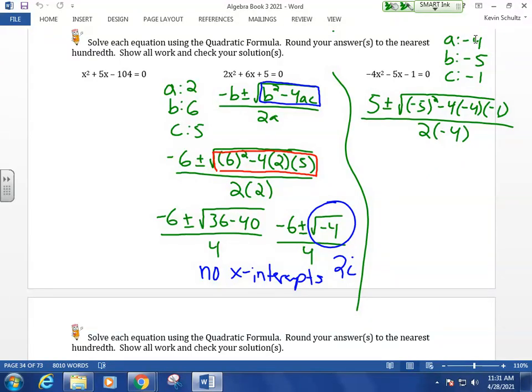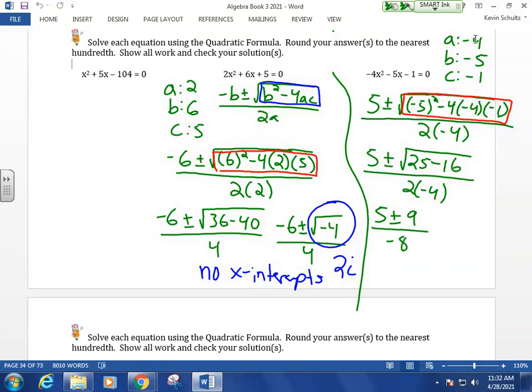So, simplifying the root first, we've got 5 plus or minus the square root. -5 squared is +25. -4 times -4 times -1 is a -16. So 25 minus 16 is 9. So we have 5 plus or minus 9 divided by negative 8. After you simplify all of that stuff.